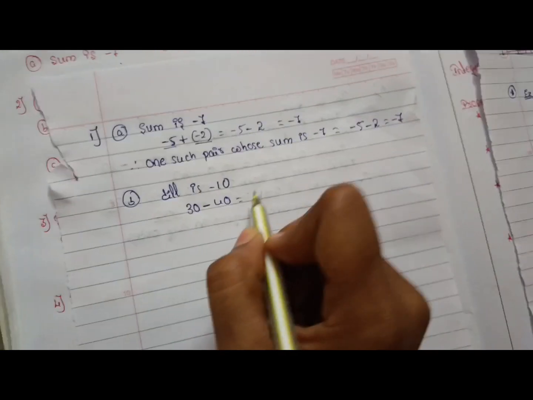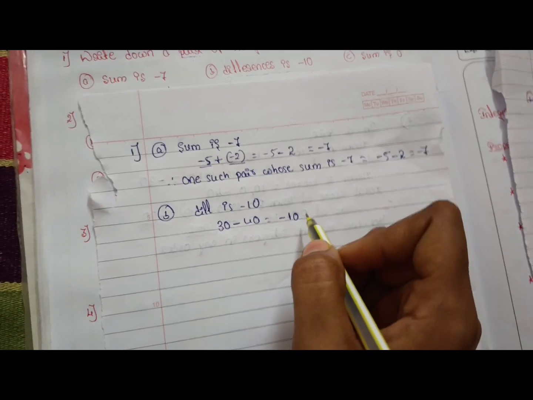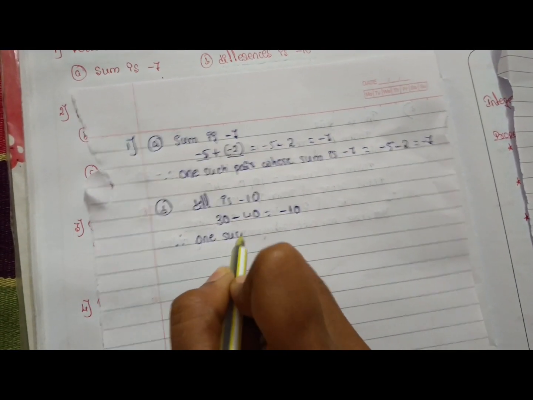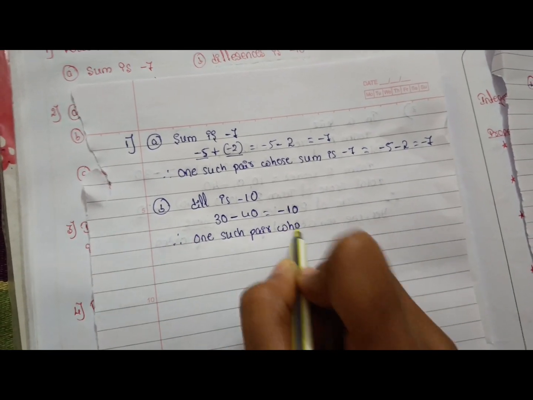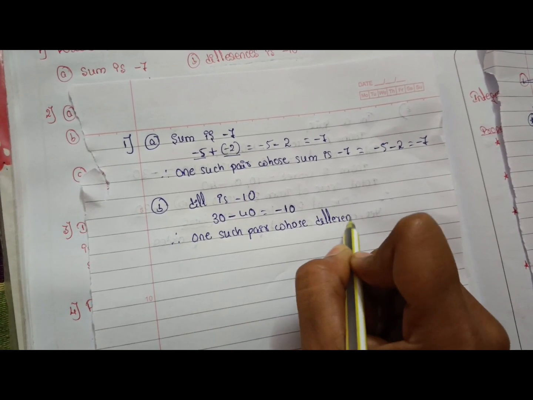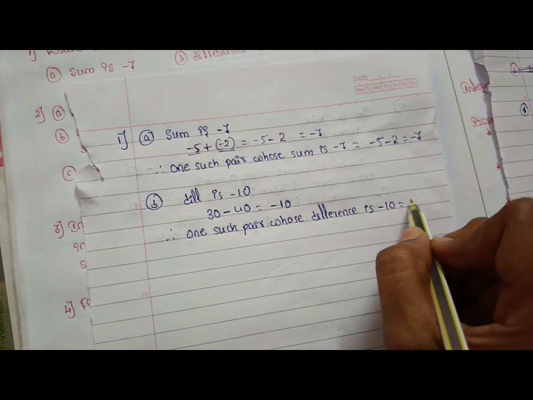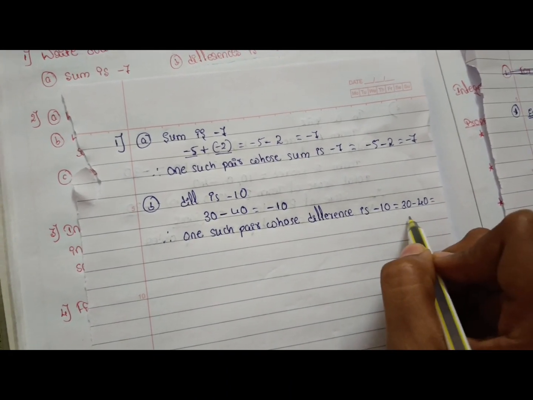Subtract these two numbers, we will get minus 10. Therefore, we should write one such pair whose difference is minus 10 is equal to 30 minus 40. Answer will be minus 10 only.